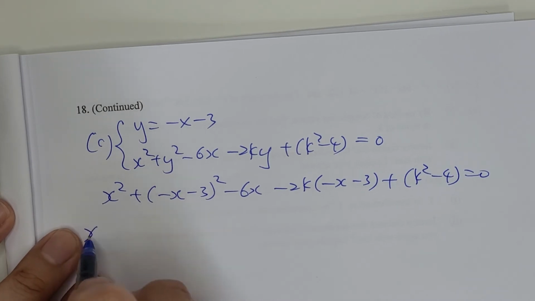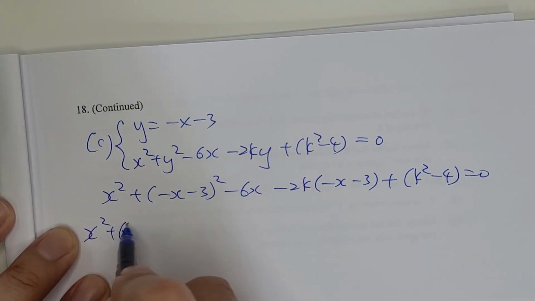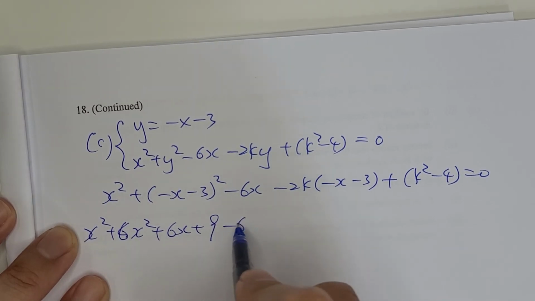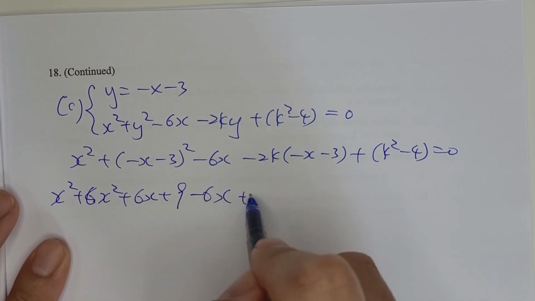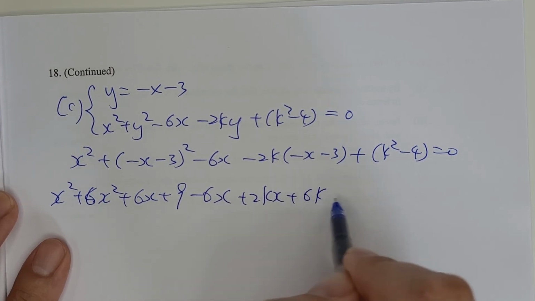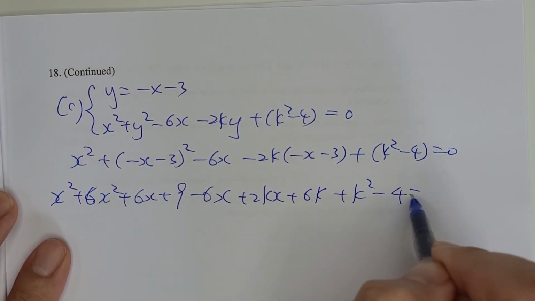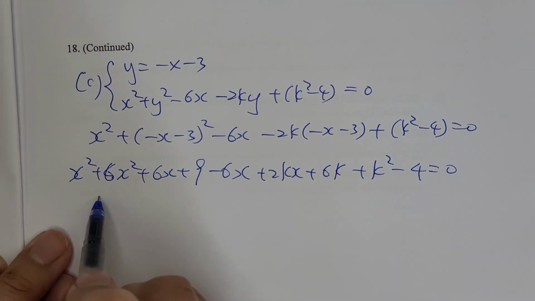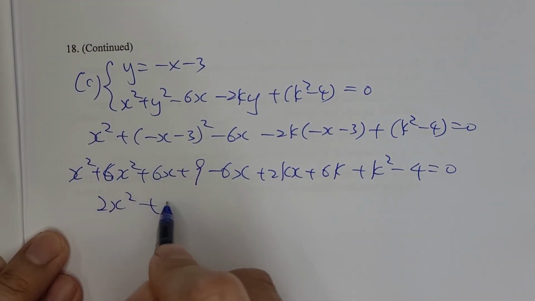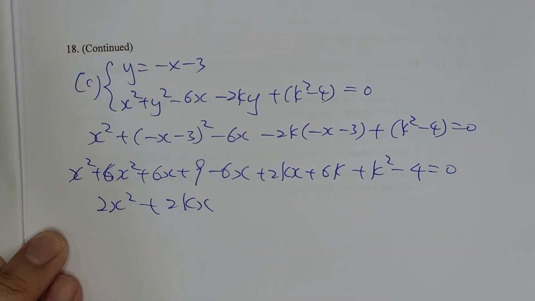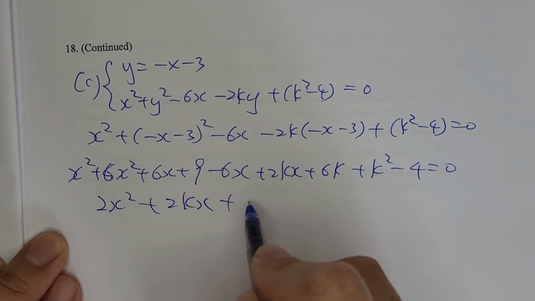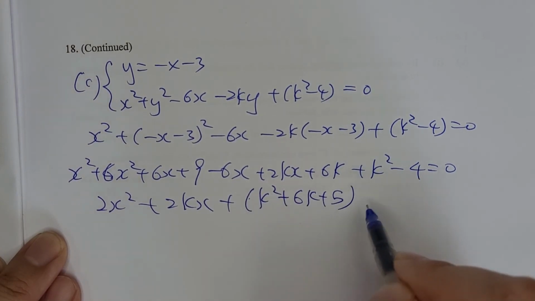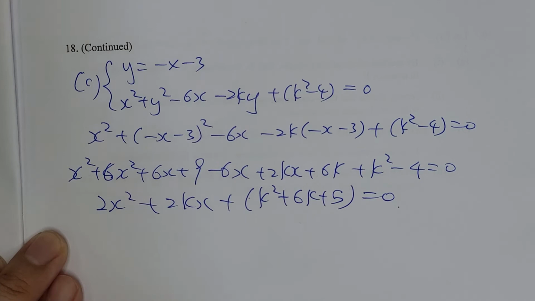So here x squared plus 6x plus 9 minus 6x plus 2kx plus 6k plus k squared minus 4 equals 0. Now group the terms, okay, 2x squared plus 2kx and then plus k squared plus 6k plus 5 equal to 0.